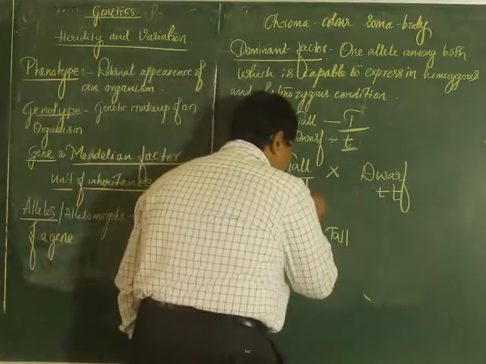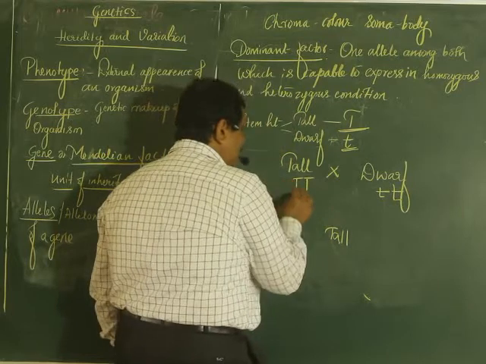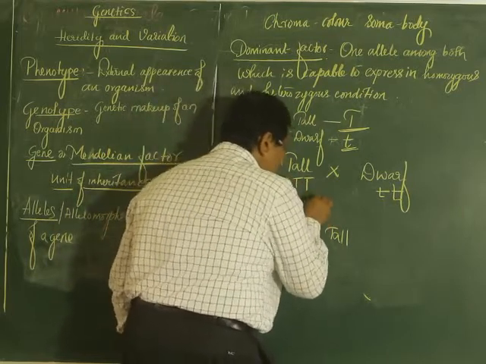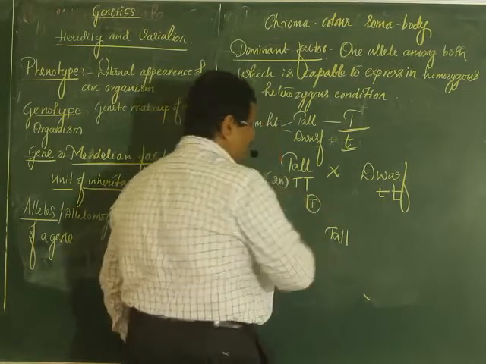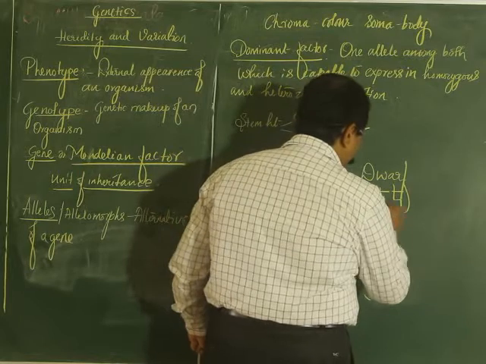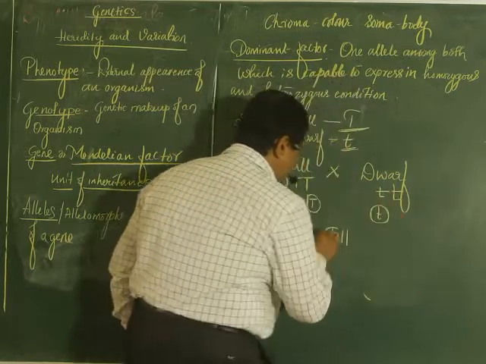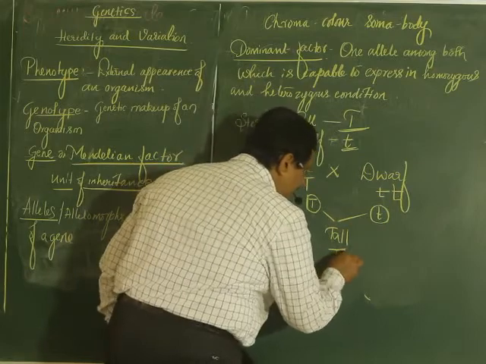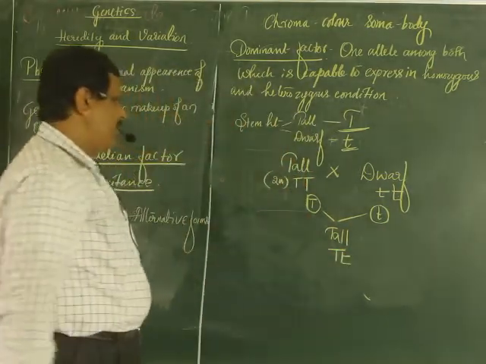So automatically this is diploid, 2n. In gametes, we know only one set of chromosomes will be there. So I will write one t here. Here there are two t's, I will write one t. Then those two together will form capital T, small t.